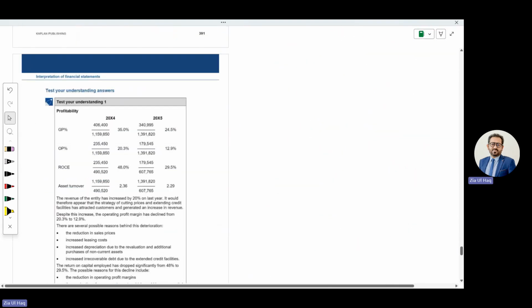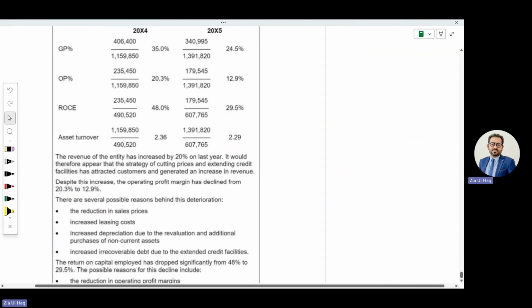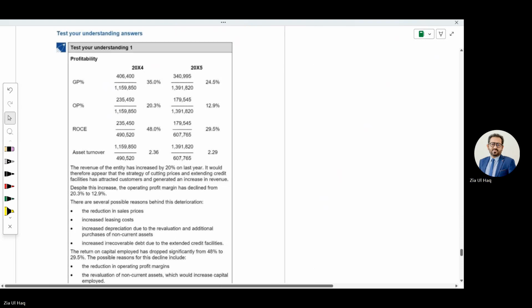So you will solve this question by yourself, and then this chapter will be ended. They have calculated these ratios. After calculation, you need to compare. If we look at profitability ratios, GP margin has decreased as compared to the previous year. Operating profit margin has decreased. ROCE has decreased.